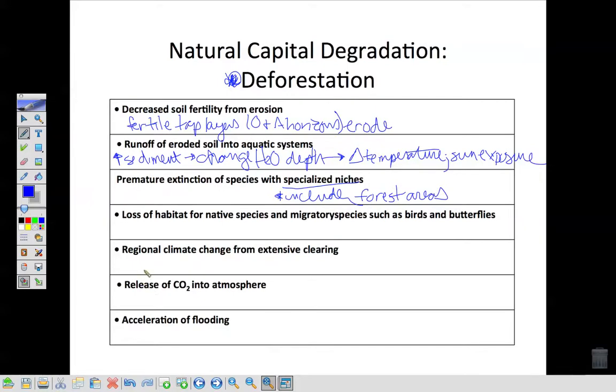Regional climate change from extensive clearing. So you have your increase of CO2, which gives you an increase of greenhouse gases, which leads to an increase in trapped heat.